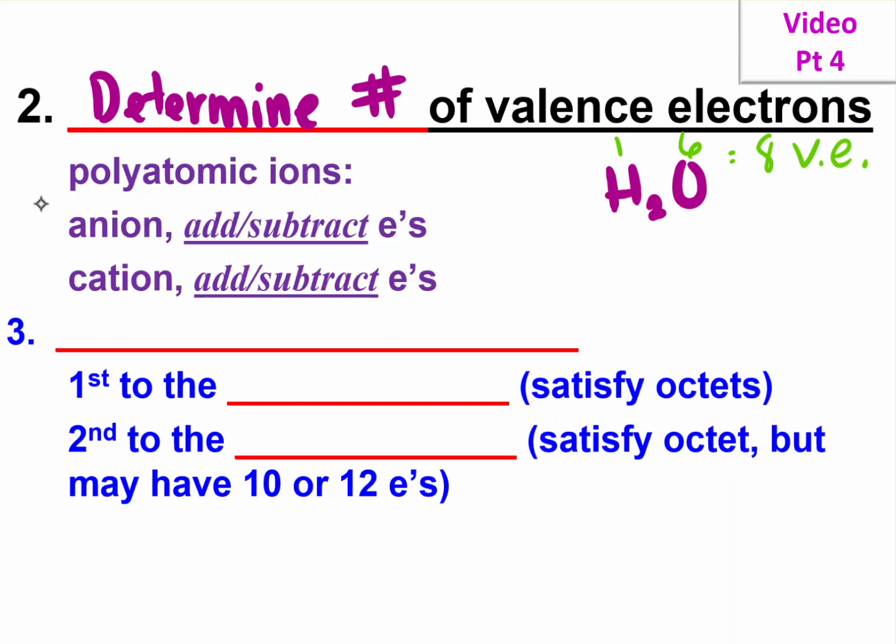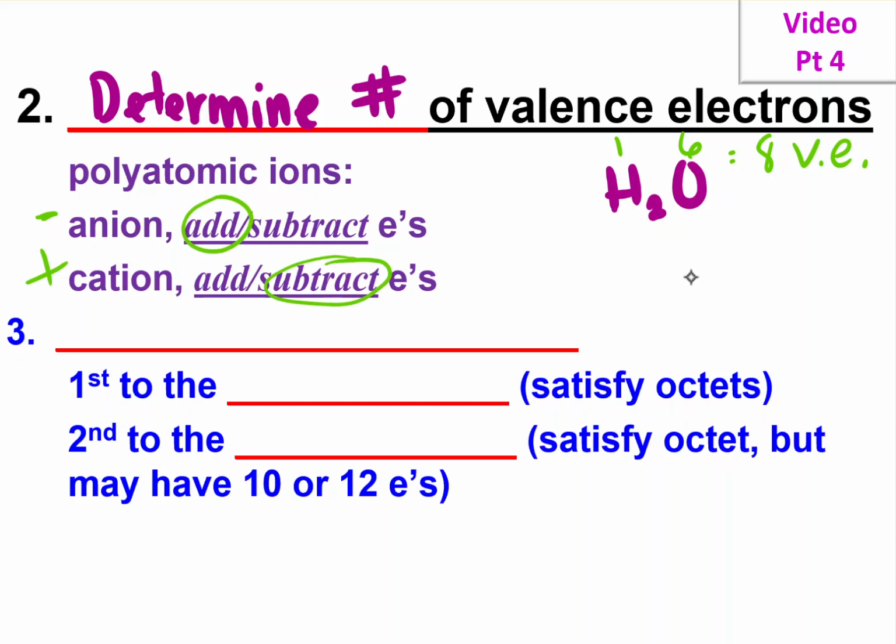Remember that anions are negative and cations are positive. So if you have an anion, you start with the normal count, but if it has a negative charge, you need to add electrons. If it has a positive charge, you need to subtract.